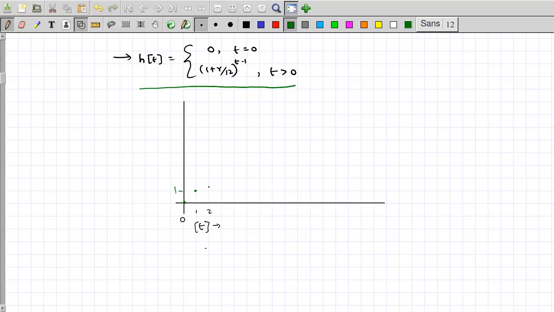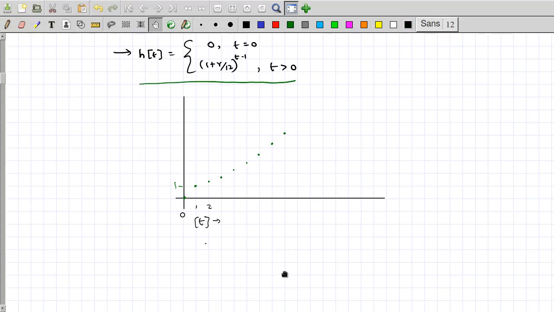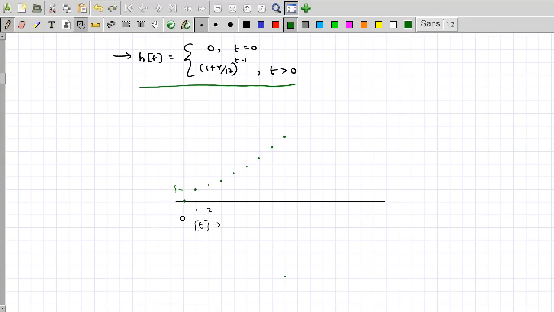Let's say it's over here, and then it keeps on going up. Because the rate of interest r is a positive number, 1 plus r over 12 is slightly more than 1, and so it will increase as t keeps increasing.